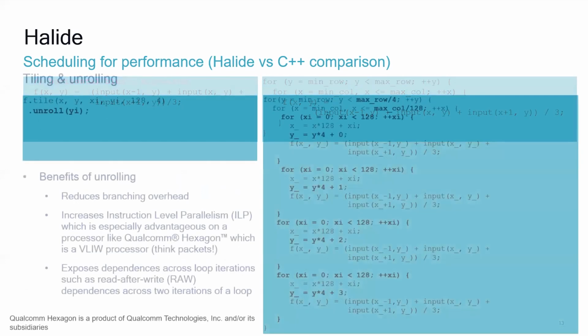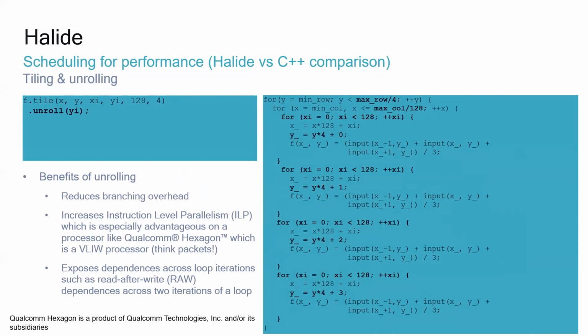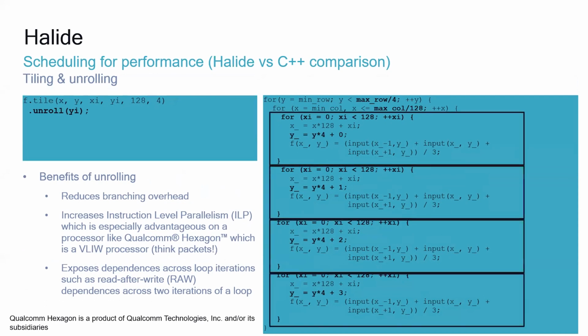But in case of scheduling, for an image processing engineer, it is very easy to write f.tile with the tile size he or she wants, and unroll with the parameter he or she wants. But in C++, it becomes really complicated.